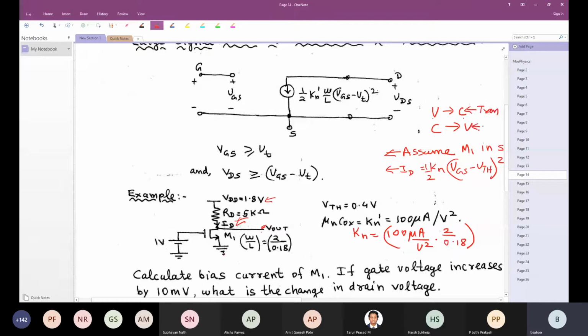Current to voltage conversion is done through a resistor. And this resistor is also called a load. Okay. Am I clear? Any questions? Okay.